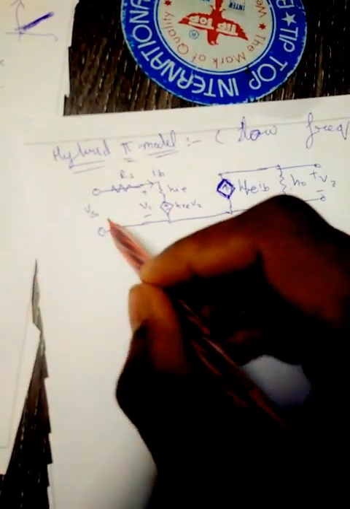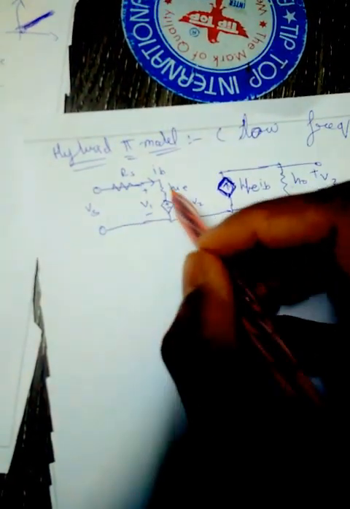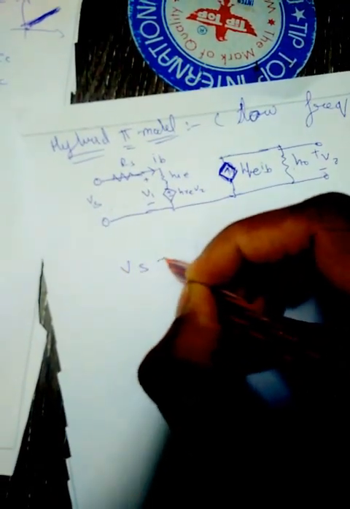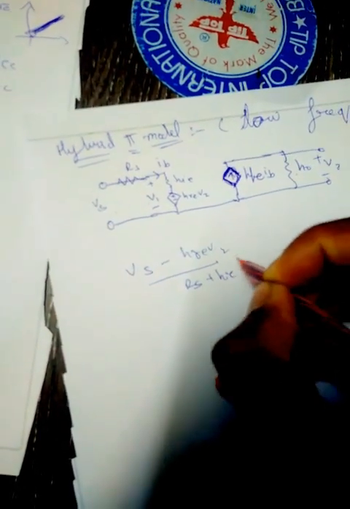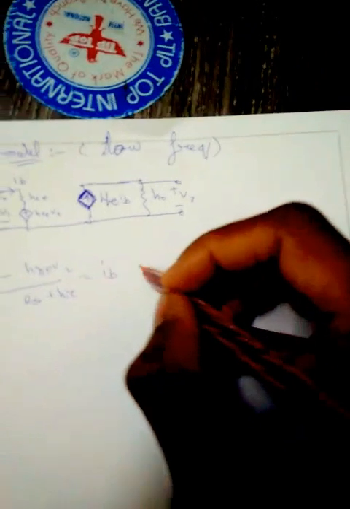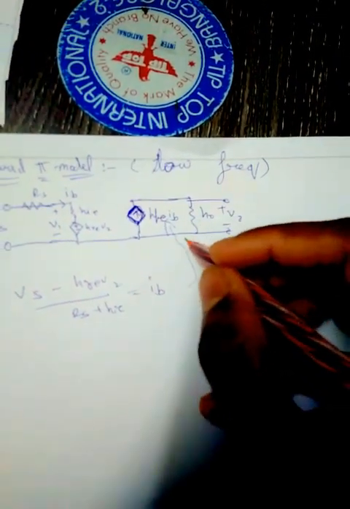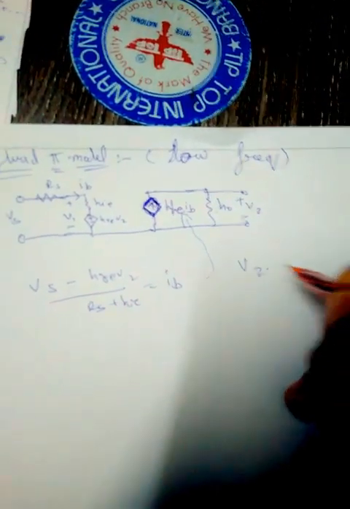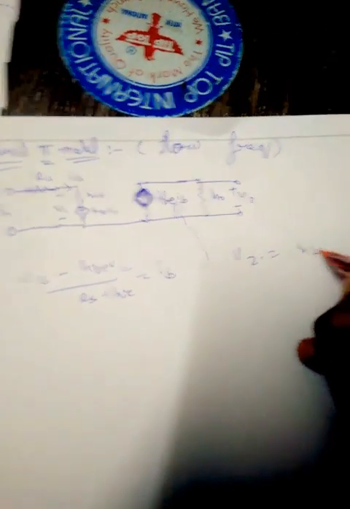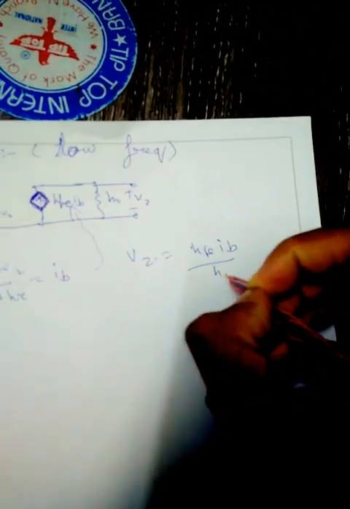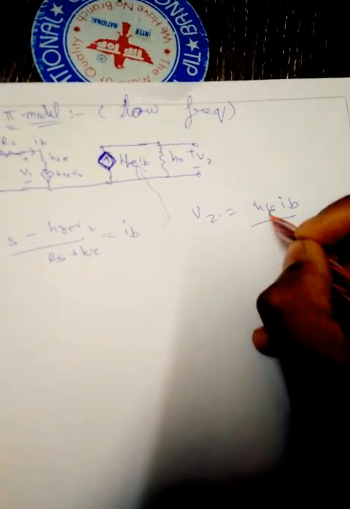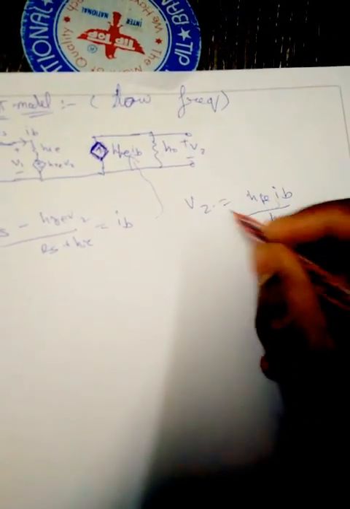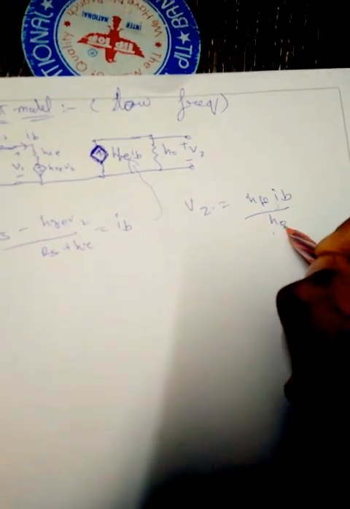By applying the signal here, by applying KVL, we can find the value of IB as Vs minus HRE into V2 by Rs plus HIE equal to IB, and substituting this value in HFE into IB, we can calculate V2 as HFE into IB by HO, as HO is the admittance. This is the current flowing, and this is the admittance. So V2 equals HFE into IB by HO.